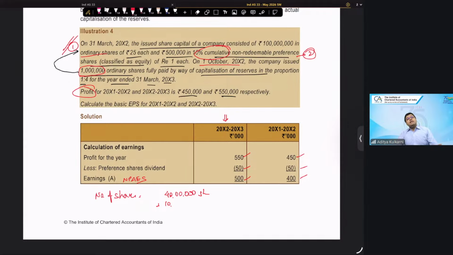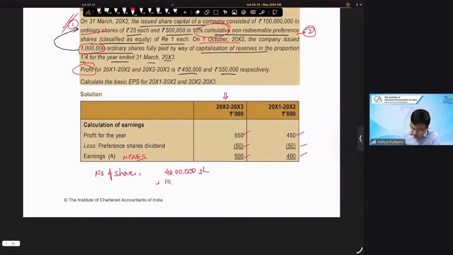Comparability starts getting affected. So you will not only do the calculation of the current year with bonus shares, you will also restate the EPS of the previous year to incorporate the bonus shares issued in the current year. So your number of shares is essentially 50 lakh for both the years.